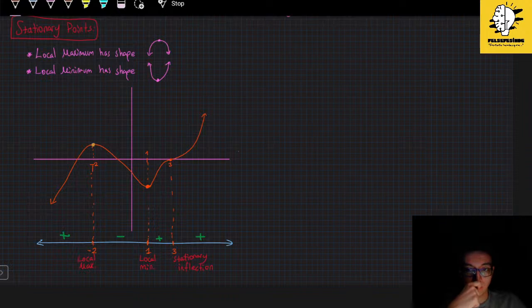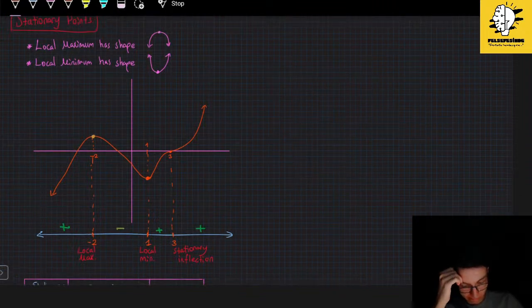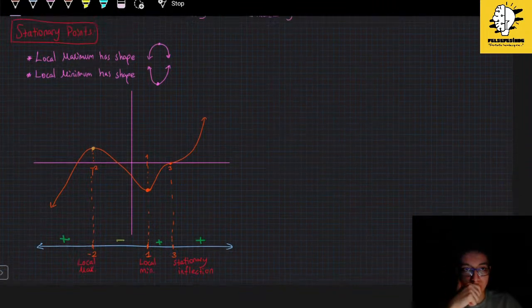We know that the function on the very left side is positive. Its x is increasing and y is increasing. And when it is between -2 and 1, it is negative, we have a decreasing function there. And when it is between 1 and 3, it is positive, so it is increasing.